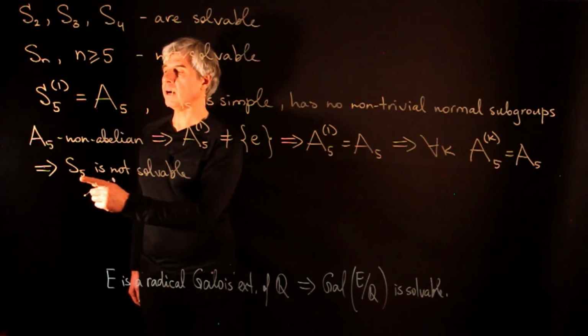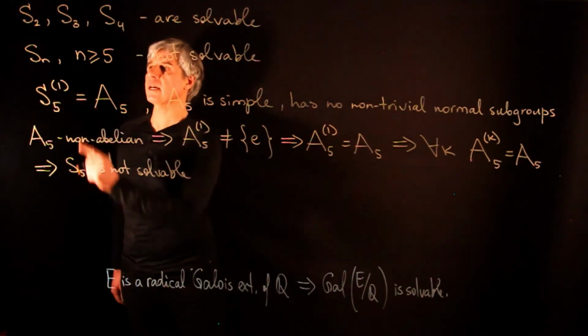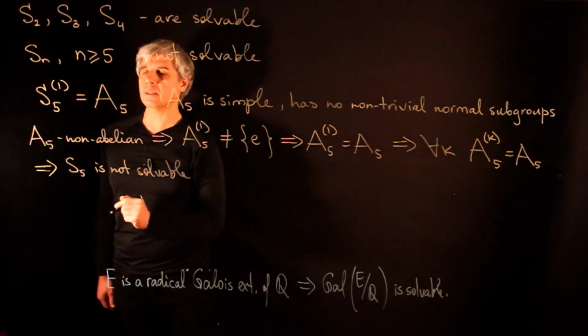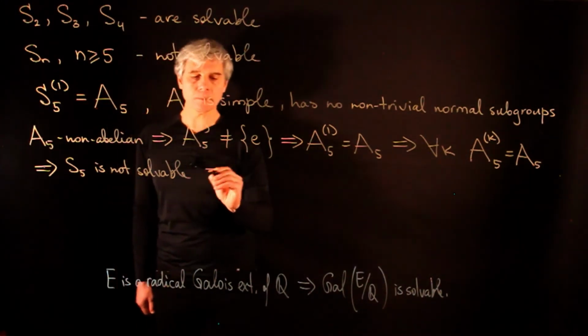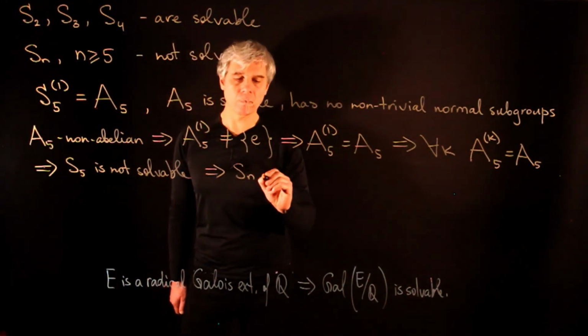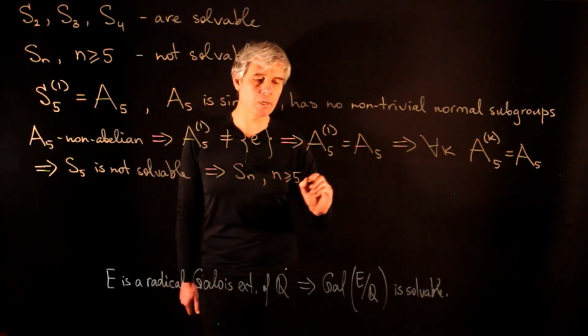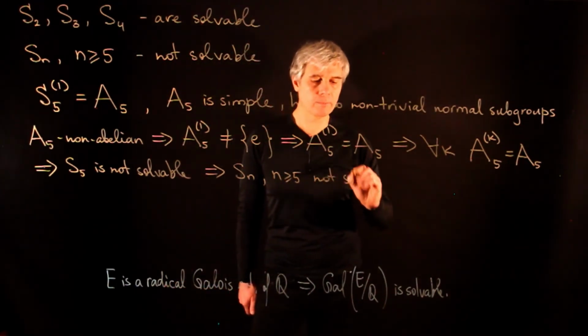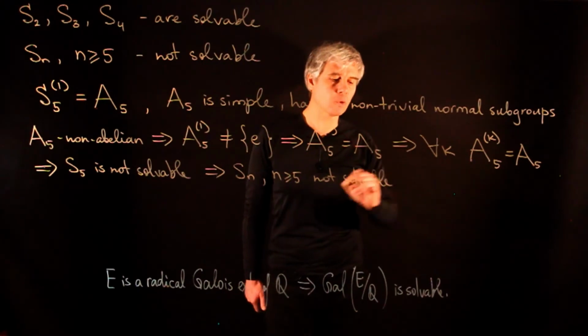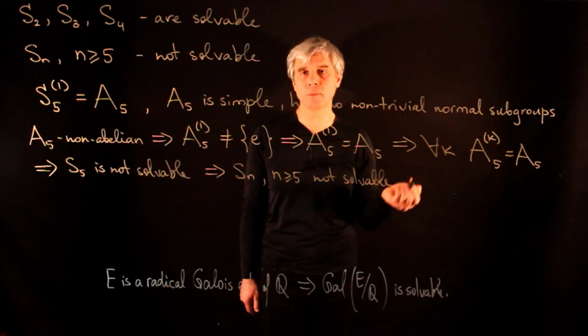And since S5 is a subgroup inside all Sn with n greater or equal to 5, this implies that Sn with n greater or equal to 5 are not solvable, because we know that a subgroup of a solvable group is solvable.